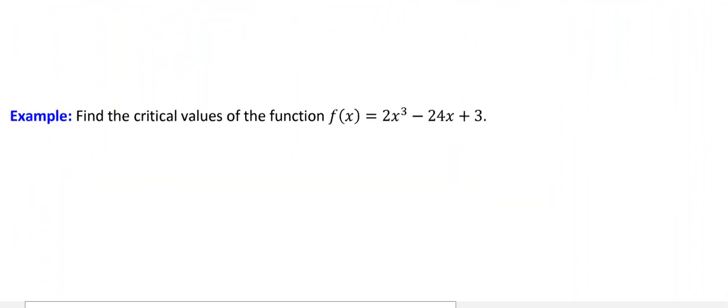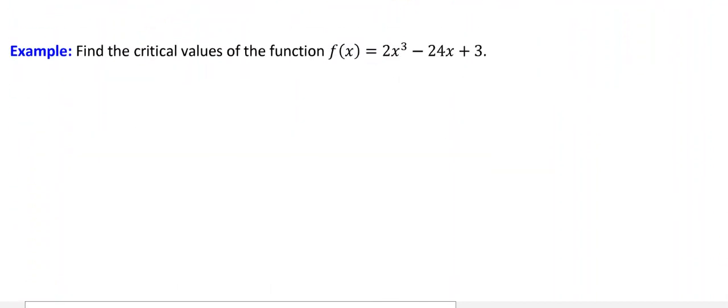In the next example, let's once again start by finding the first derivative. So f prime of x is going to be equal to 6x squared minus 24. Once again, there is no division by 0, so it is defined everywhere. That is to say, there's no point where it is undefined.